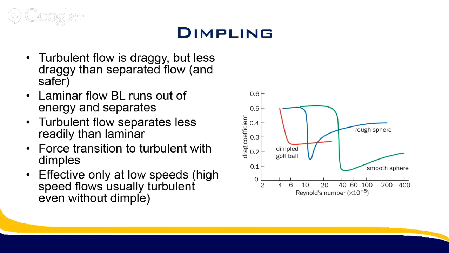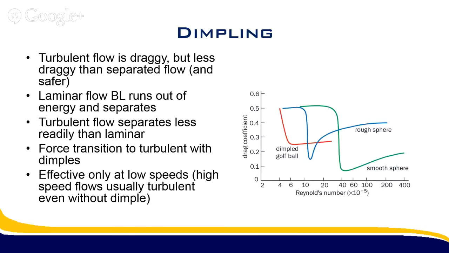Yes, turbulent flow is really draggy, more so than laminar flow, but separated flows have significantly more drag than turbulent flows. So what aerodynamicists like to do is make all the flows around objects turbulent, and that's because in turbulent flows, the boundary layer is much less likely to separate than in laminar flows.